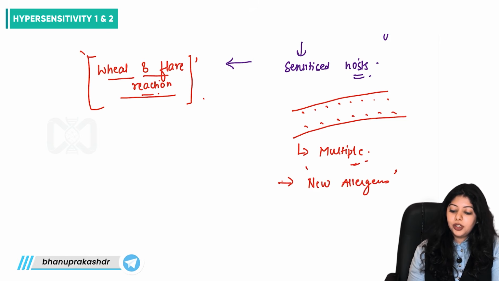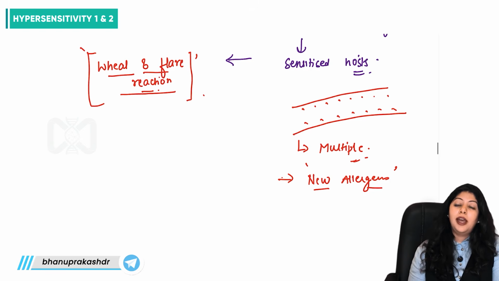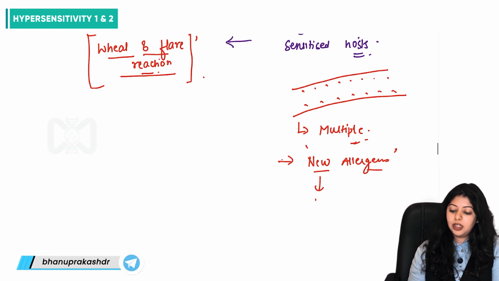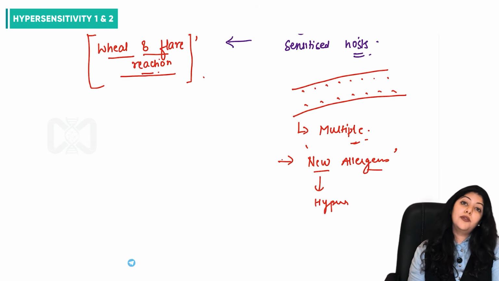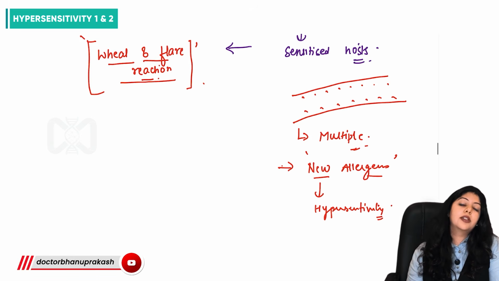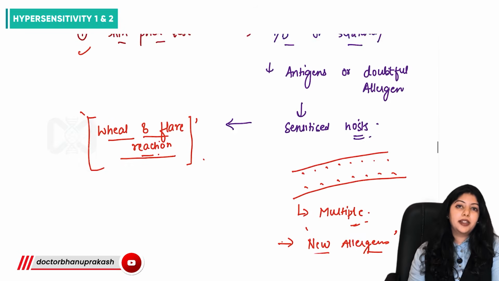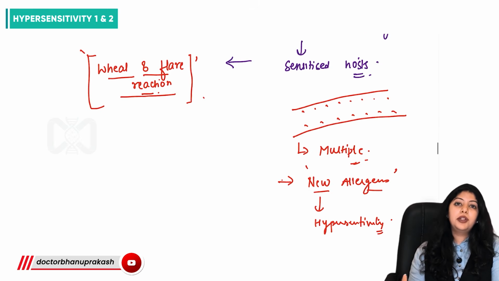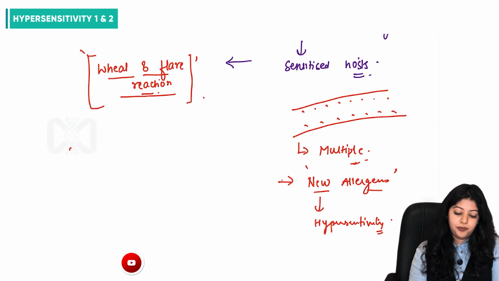These new allergens can sensitize the host, which can later lead to development of hypersensitivity if the person is sensitive to that allergen. So this is one major disadvantage of the skin prick test, and so this test is not very commonly practiced. Nowadays, we have better advanced tests available.